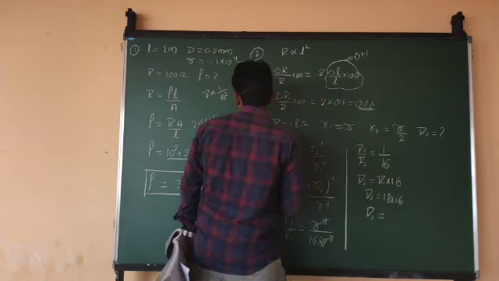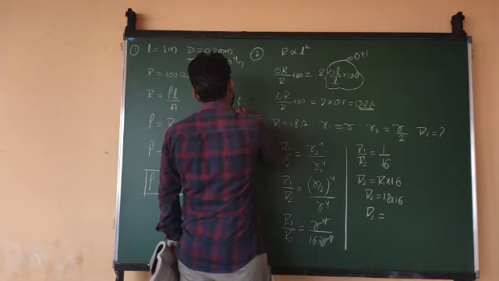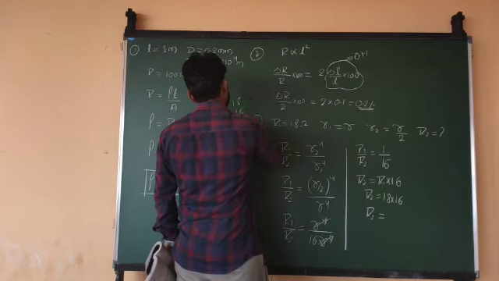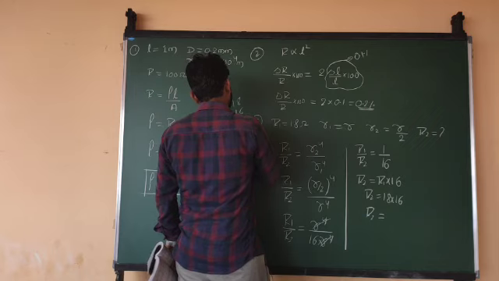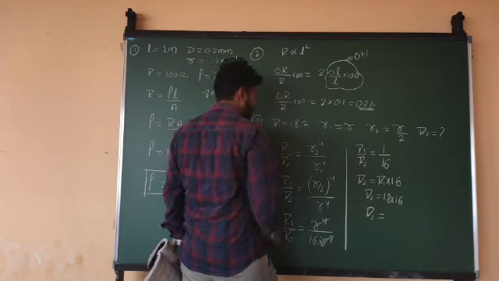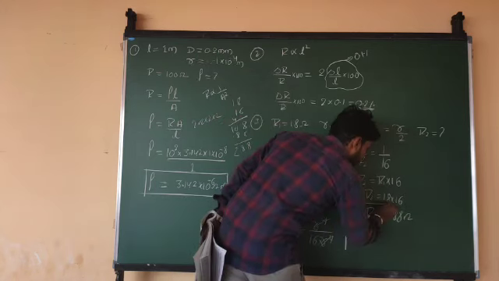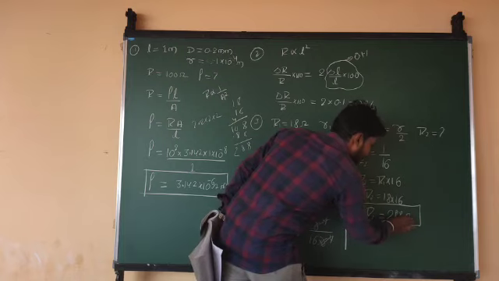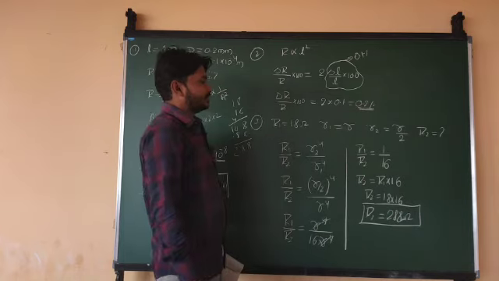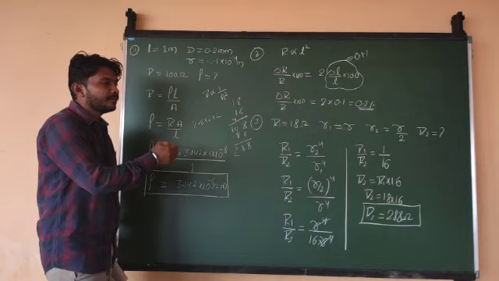So let me find out the value here. 18 into 16 here, so that is 288 ohm. So what is that new resistance here? The new resistance will be 288 ohm here.